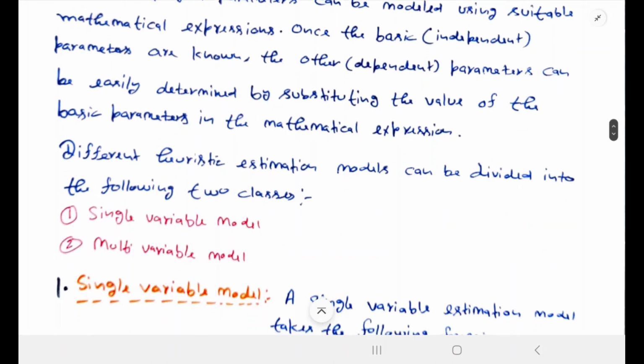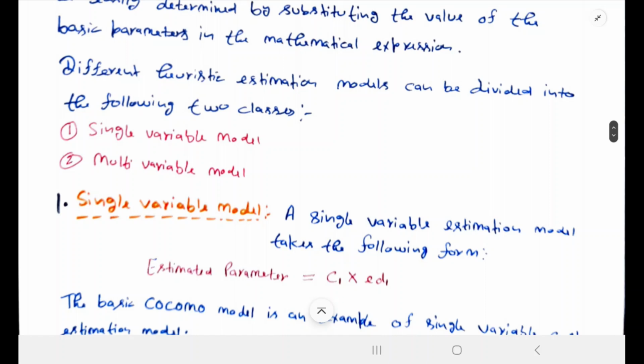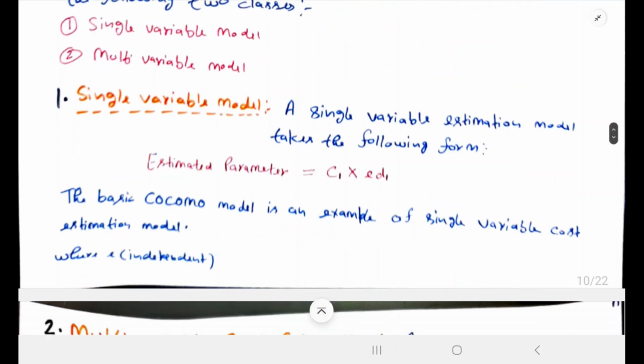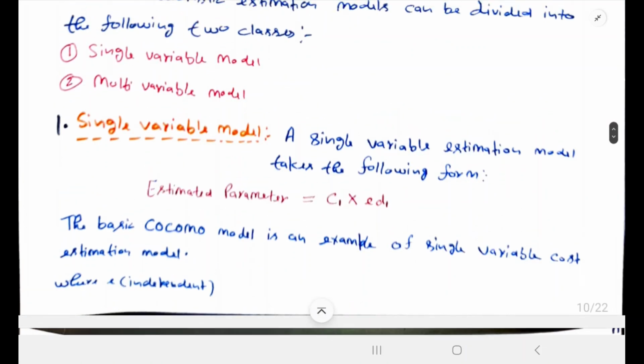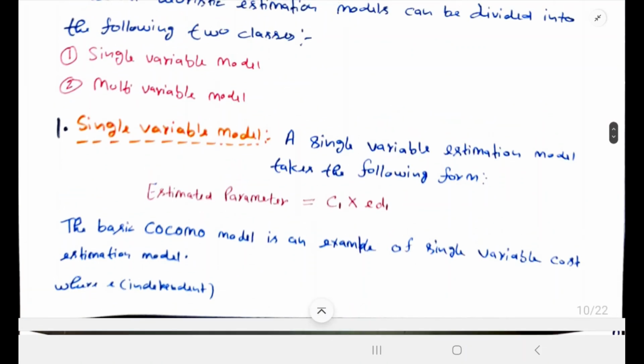Here we will divide this heuristic estimation model into two classes. The first one is the single variable model, and the second one is the multivariable model. The single variable model is on your screen. As the name suggests, single variable means it has a single independent variable.